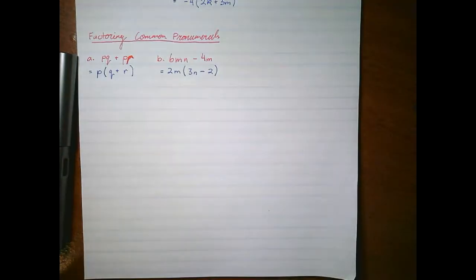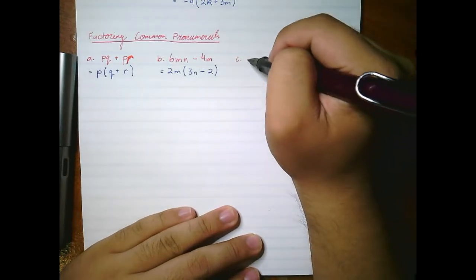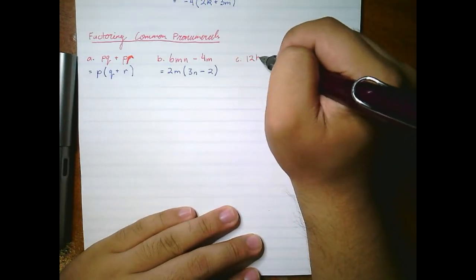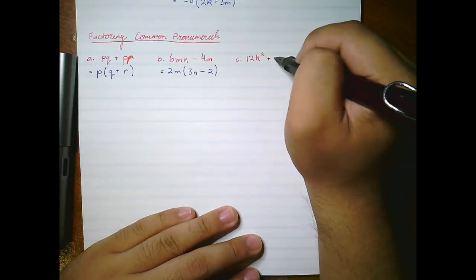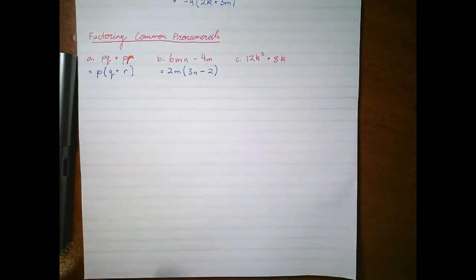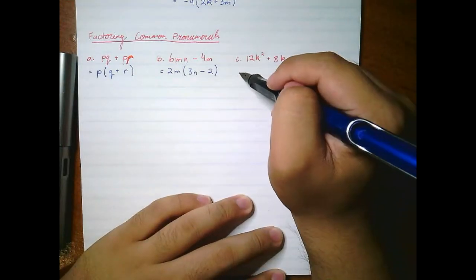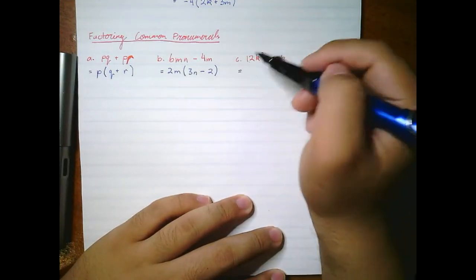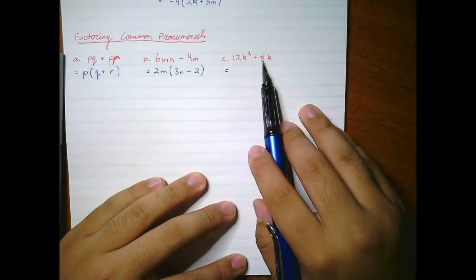Now, let's get slightly more complicated. Question C is 12k squared plus 8k. Okay, so for this one, what is the biggest common factor of 12 and 8?